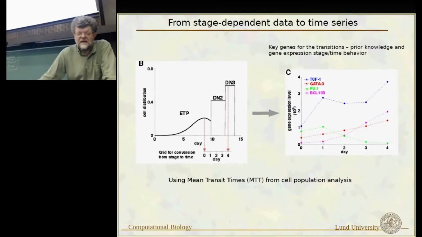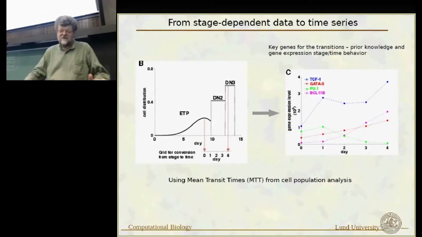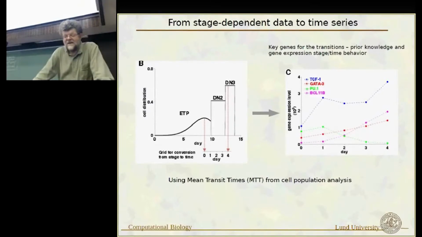So ETP here is the same as DN1. So somehow we have to convert these MTTs, mean transit times, between the different compartments to a time series. And there are various ways to do that. It's standard in engineering.